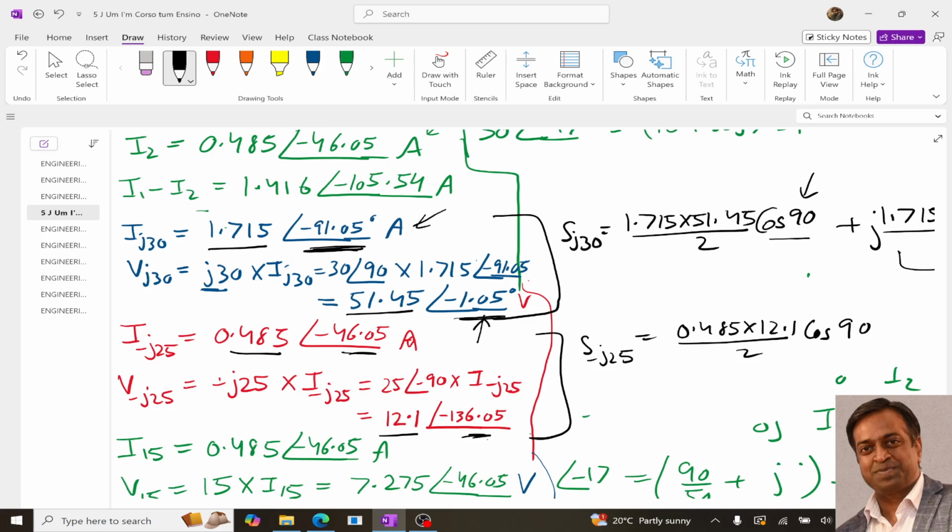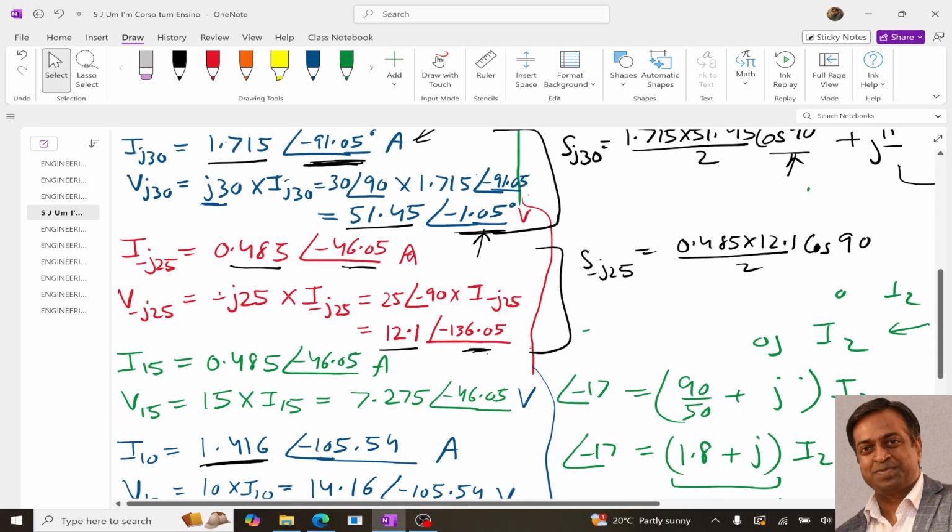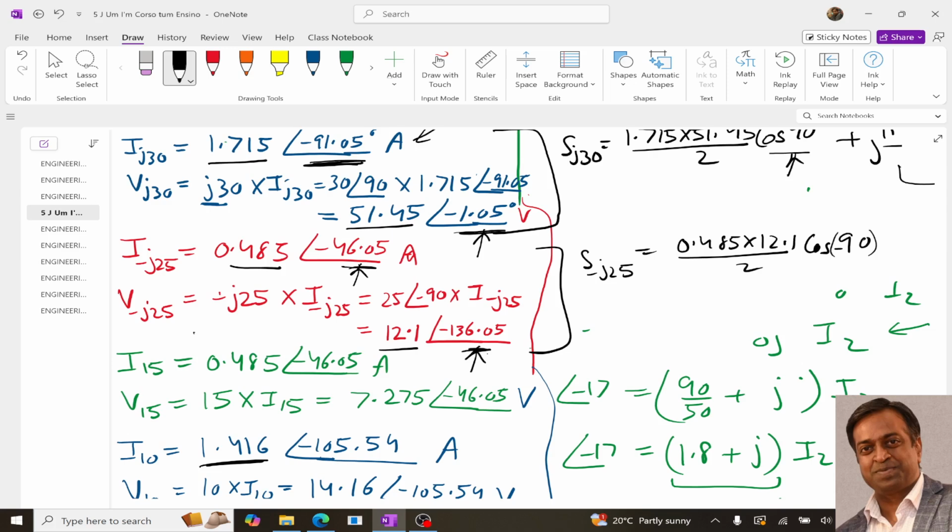So we will always take the angle, first the angle of voltage, then the angle of current, because this cos theta is written in such a way that the voltage is leading, right? So we always take the subtraction of the voltage angle minus current angle, right? So now over here in this case, voltage angle is minus 136, current angle is minus 46. So the angle will be minus 90, not plus 90, minus 90.